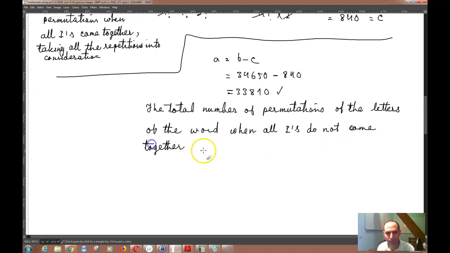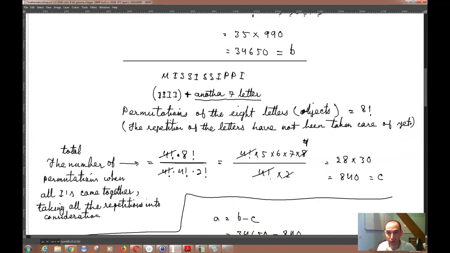That means that this is all the cases, this is the permutations of all the cases when the I's, M, S, P, right? So you have these 4 I's over here.